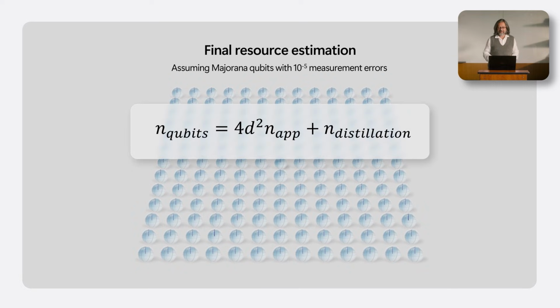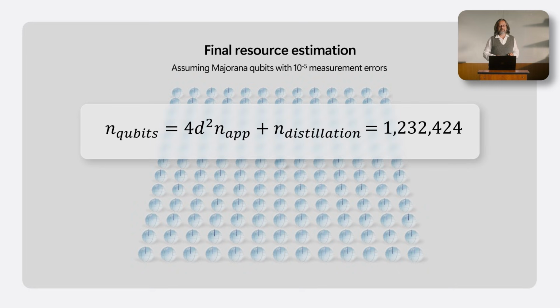For the qubit numbers, we take the number of application qubits, multiply it with the cost for a logical qubit, and we have to add in the number of qubits needed for distillation. In the example of topological qubits, that turns out to be about 1.2 million qubits.